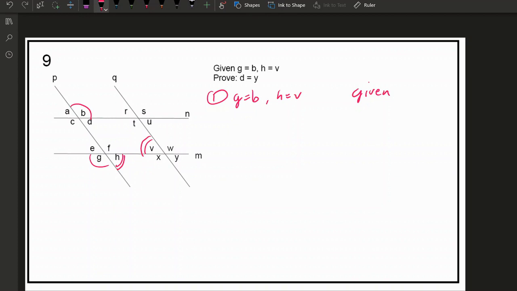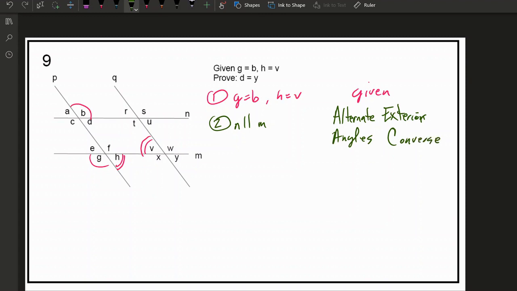Okay, so since G is equal to B, I can now say that N is parallel to M because of the alternate exterior angles converse. Before I go any further, let me put my marks on here.